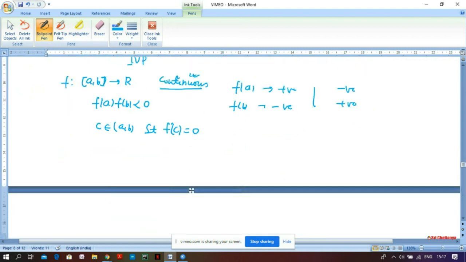In fact, the theorem can be generalized also. The general theorem is that if f of a equals k1, f of b equals k2, then for all k that lies between k1 and k2, there is some c in the open interval (a, b) such that f of c equals k.